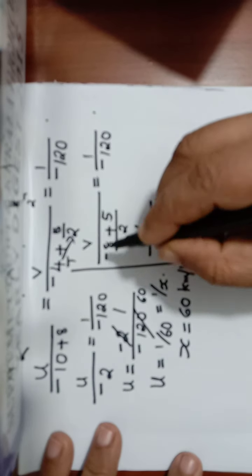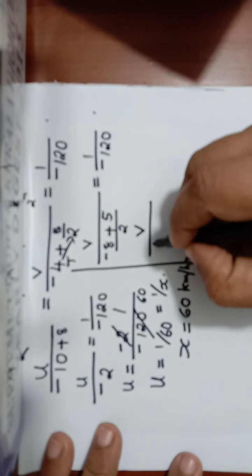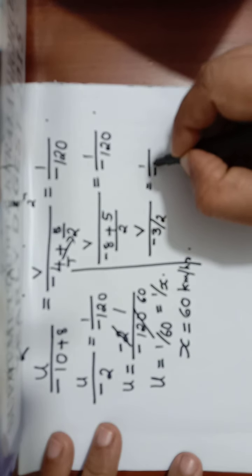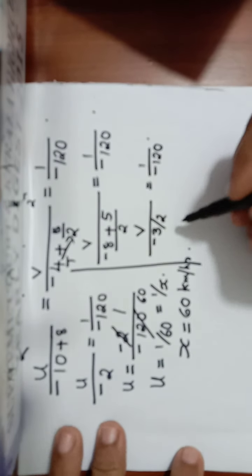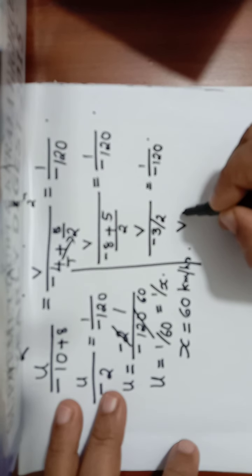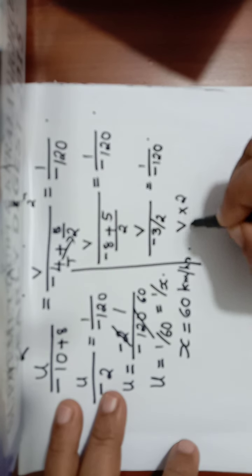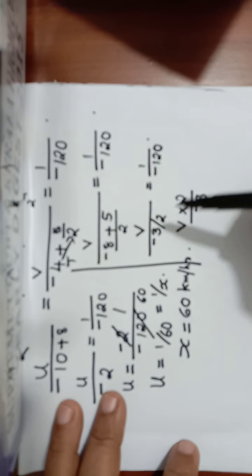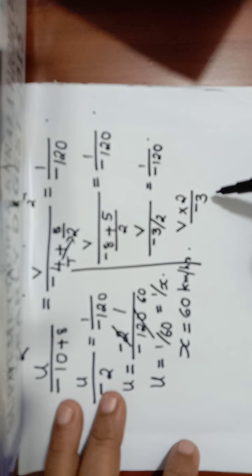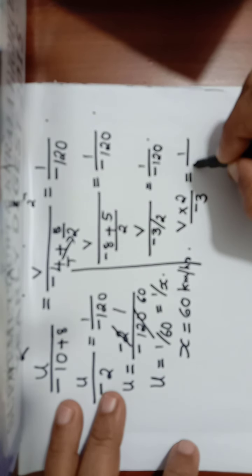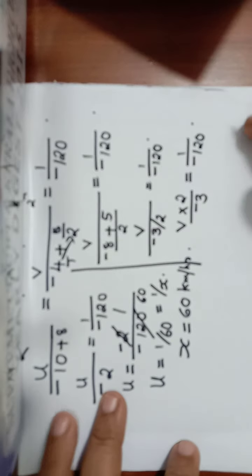V by negative 8 plus 5 is negative 3 by 2 equal to 1 by negative 120. That is V divided by. Divide by means into the reciprocal we can take. Division by number means multiplication by reciprocal. 2 by negative 3, that's equal to 1 by negative 120.